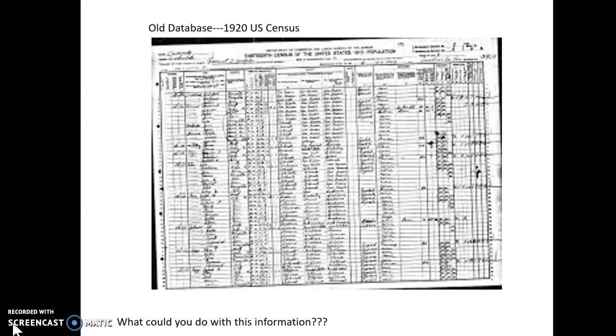So this is a page from the U.S. Census from 1920, and for those of you who don't know, our Constitution requires that a census be taken in the U.S. every 10 years. And you've been reading in the news probably a fair amount that the next census will be in 2020, and there's been a fair amount of controversy over it.